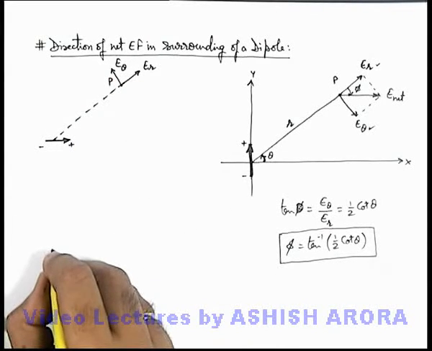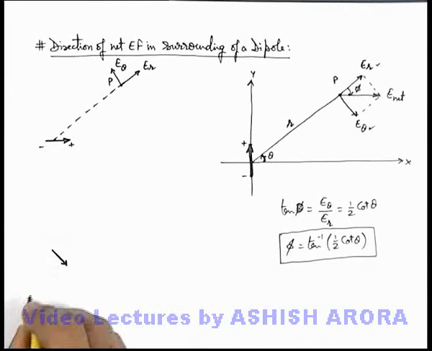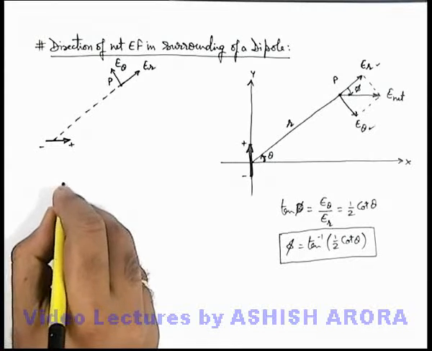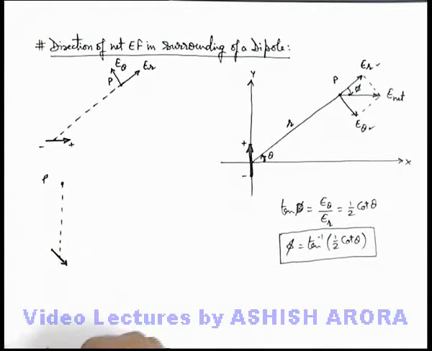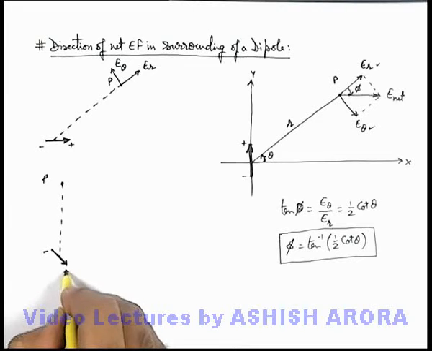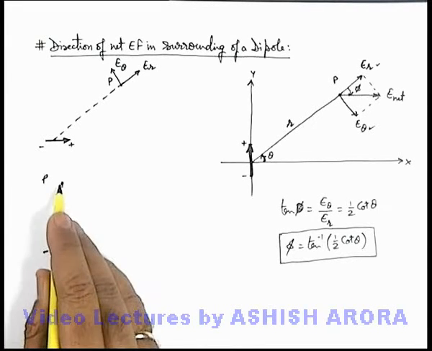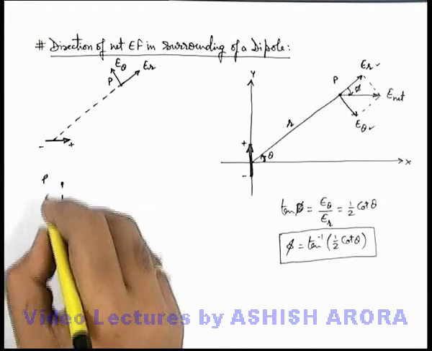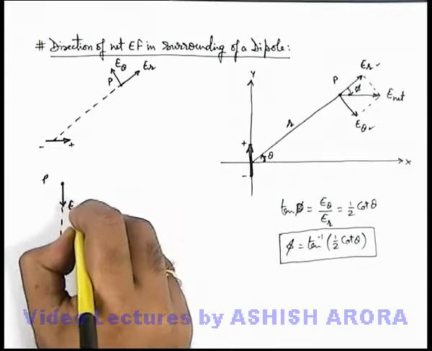Similarly, say we are given a dipole which is placed like this, and in this orientation we are required to find the directions of the electric field at this point P due to this dipole. Here we can see that out of the negative and positive ends, the negative end is closer to point P, so the effect of the negative end is more, so the radial electric field will exist in the direction toward the dipole.